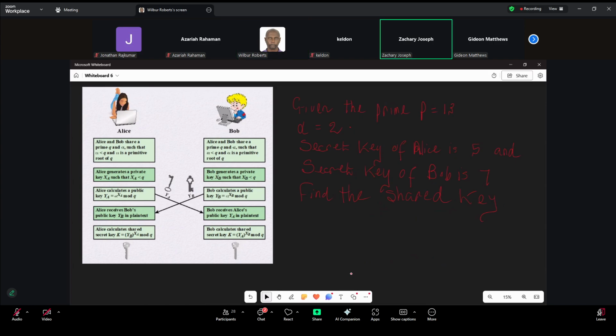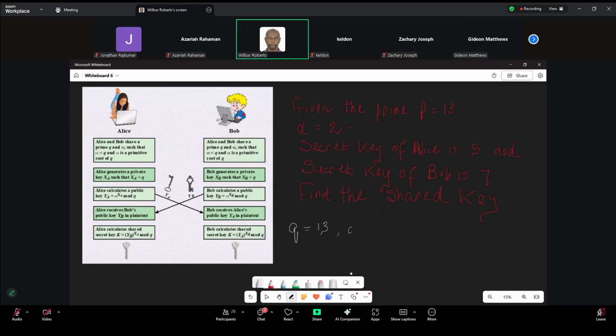Q would be P, 13. So we have Q equal to 13, and we have alpha equal to 2. Good. So I'll give you all a start there.